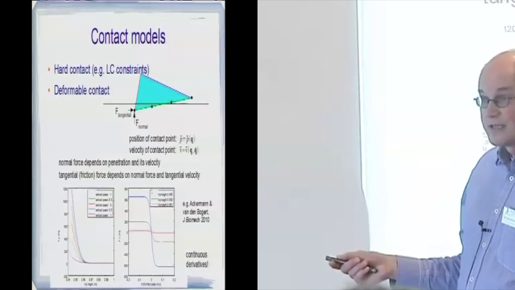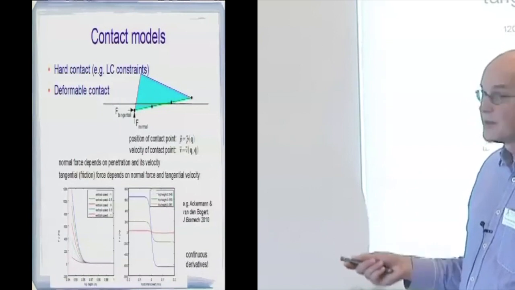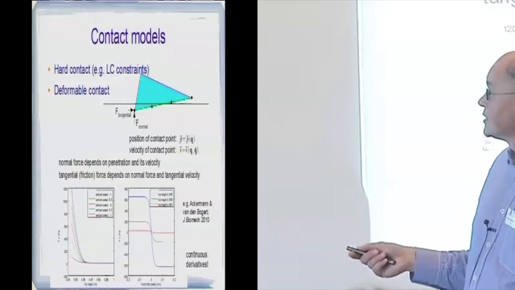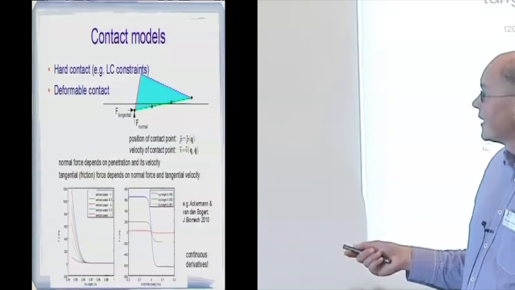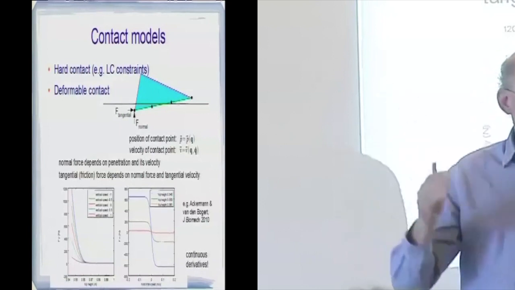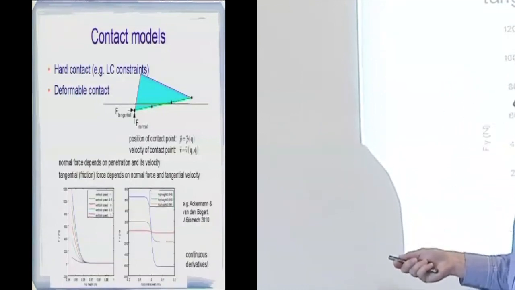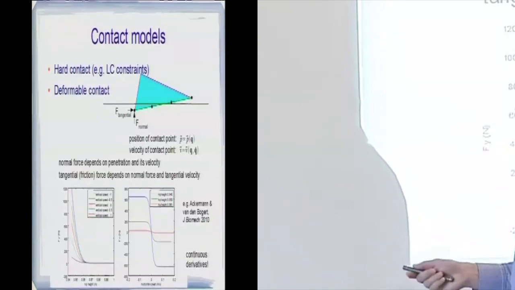So I do deformable contact, and briefly this is how it goes. You define some contact points on the body, and then the position will be, with a forward kinematic model, you can calculate the position of each contact point from all the generalized coordinates of the model. So those are your joint angles, basically. And then the velocity is just a derivative of that.